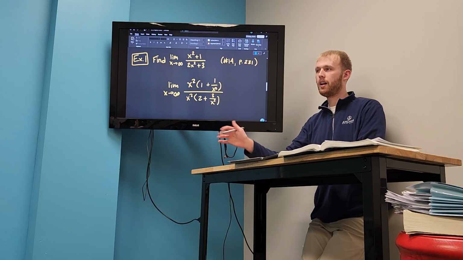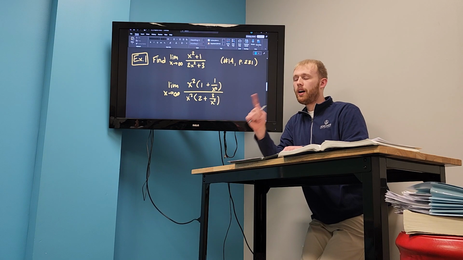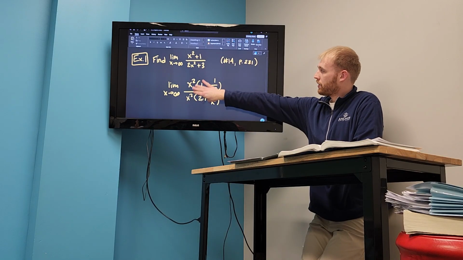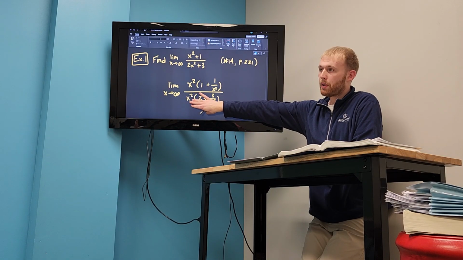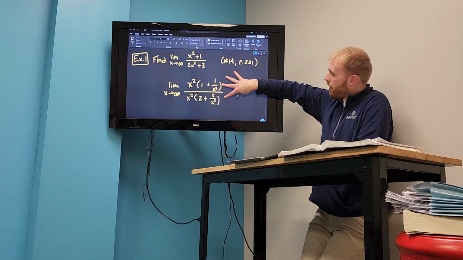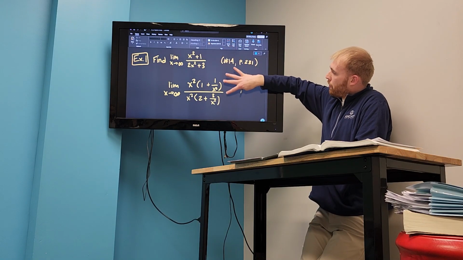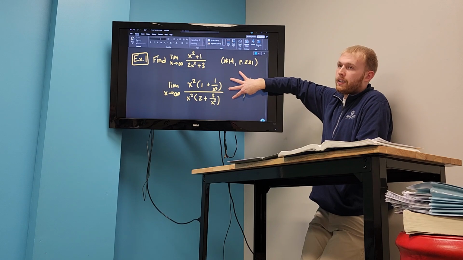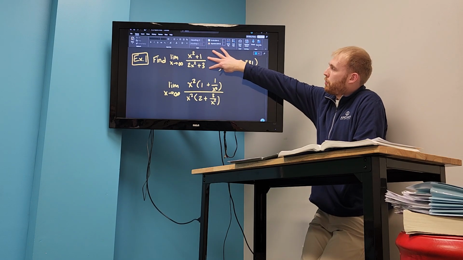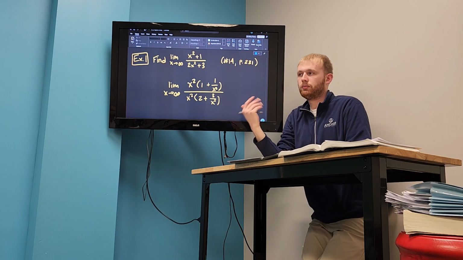The reason we do this is because I can cancel these from the top and the bottom and leave me with a form of this limit of which I can actually take that limit. What happens if I try to put infinity in here right now? Let's talk about that.